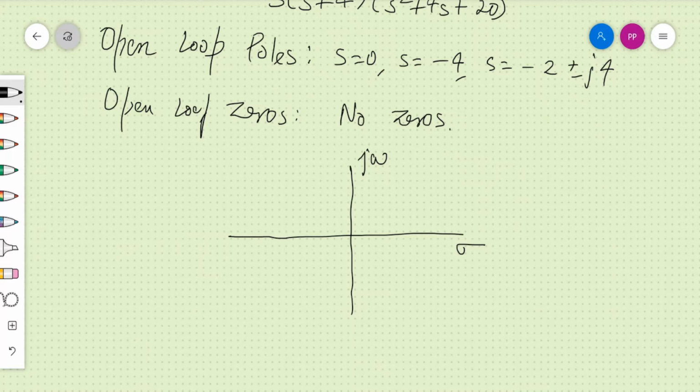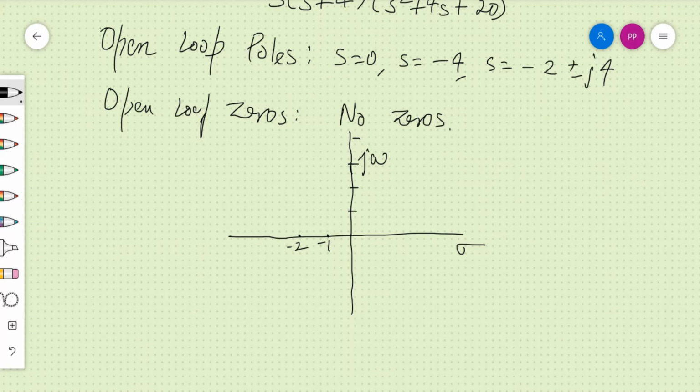So we have the point -1 over here, then -2 over here, and then we have j1, j2, j3, and j4, like this.